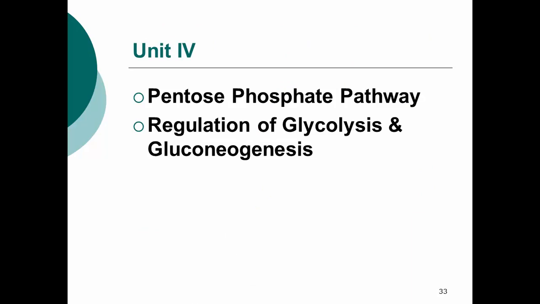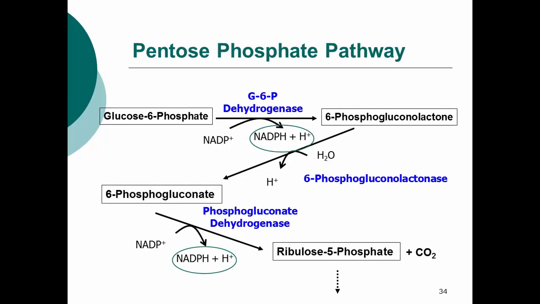All right, so now it's the last pathway, right? The third pathway that we're going to talk about, the pentose phosphate pathway, right? So this pathway is relatively simple, but what you need to remember is that the substrate for this pathway is glucose 6-phosphate.